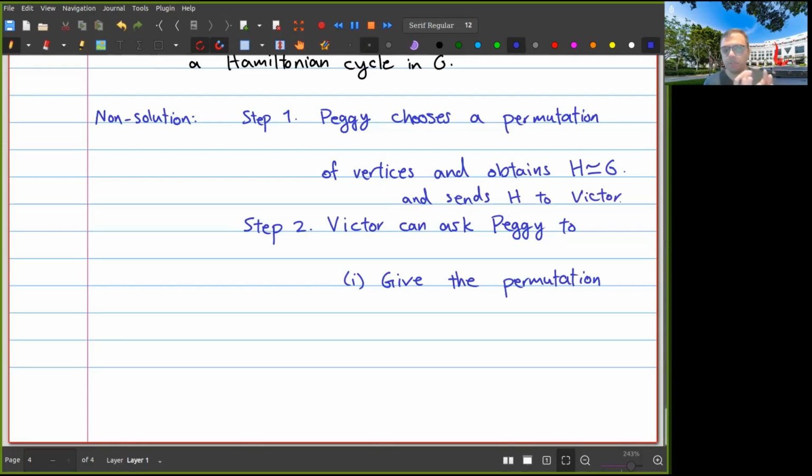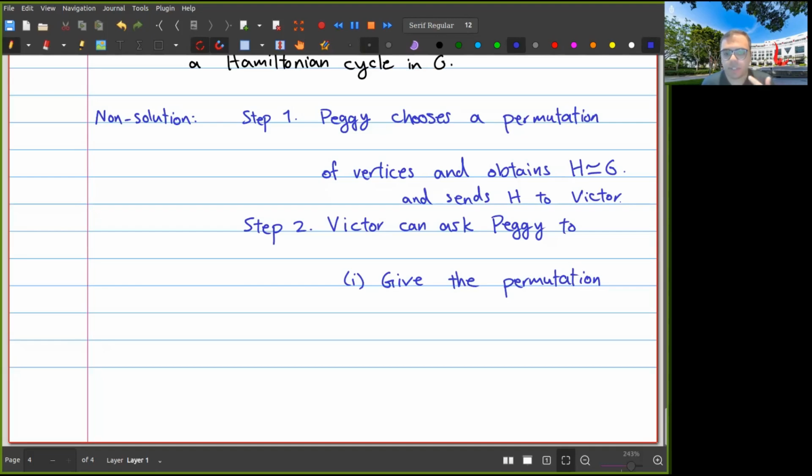So we had an original graph G. Peggy was claiming that she knows of a Hamiltonian cycle in G. She reordered the vertices, and this reordering is supposed to disconnect the current graph from the previous graph. And then this new graph H is publicized. So Victor now knows this new graph H.